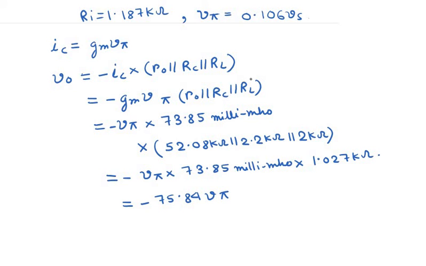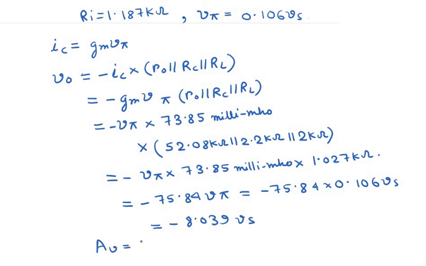Now we replace V pi from this equation, where V pi is equal to 0.106 Vs. So this is equal to minus 75.84 into 0.106 Vs, and this gives me minus 8.039 Vs. So the voltage gain AV, which is V0 divided by Vs, is equal to minus 8.039. So we have found the voltage gain AV.